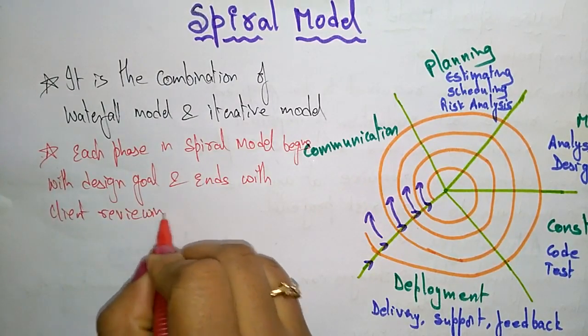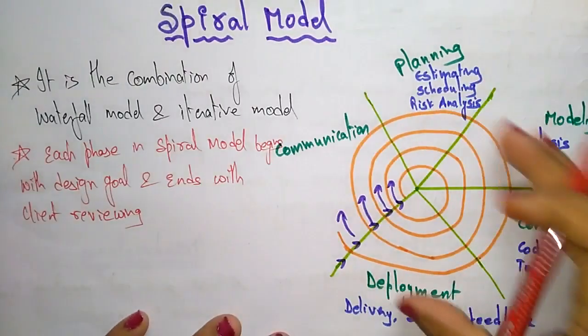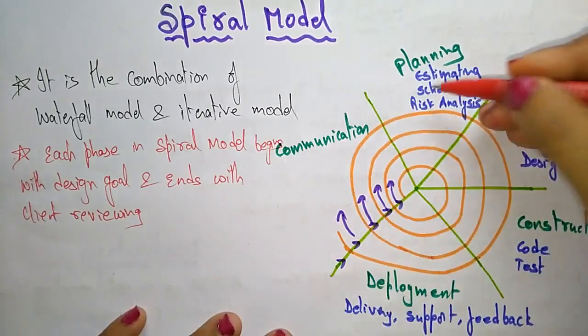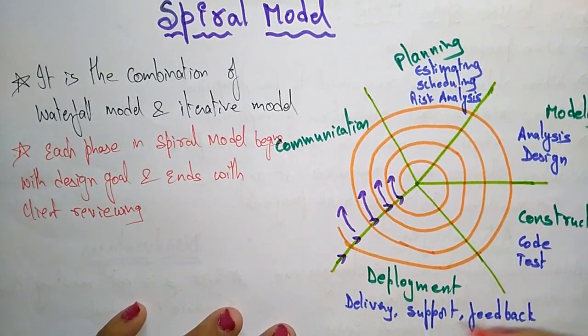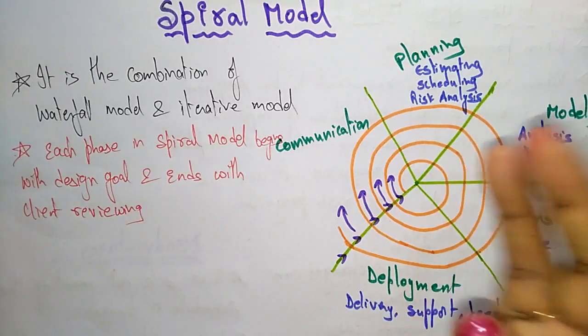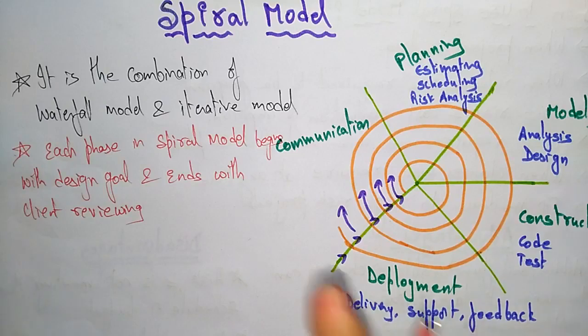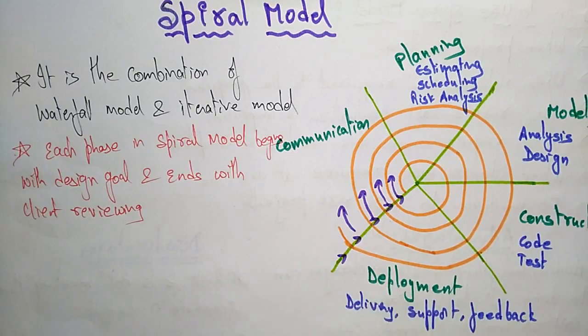Whichever phase you are taking, whether planning, modeling or construction, here I am taking five phases: communication, planning, modeling, construction and deployment. In each phase it begins with the design goal and ends with the client reviewing. Using the spiral model, software is developed in a series of incremental releases.